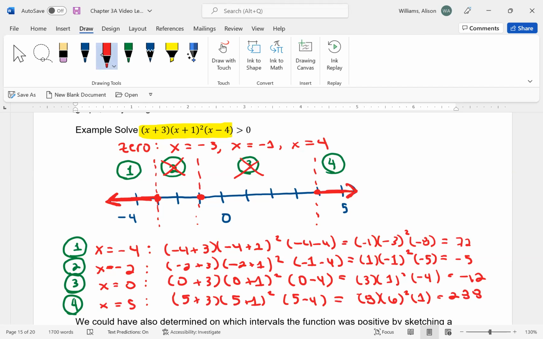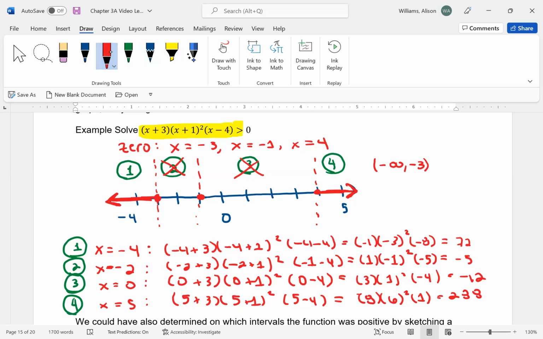So if I want to write my answer in interval notation, here's how it's going to look. -infinity up to -3, parenthesis, because we're not interested in it equaling these values. The inequality here does not have an equal to sign, so I'm going to use a parenthesis.